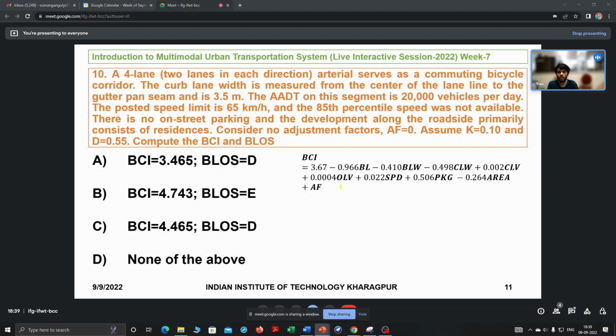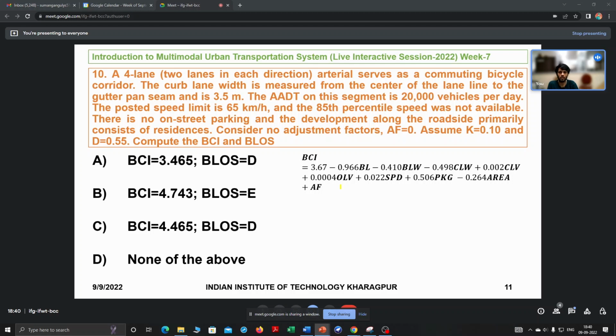Then the posted speed limit is given as 65, and your 85th percentile speed is not available. There is no on-street parking, and the development along the roadside primarily consists of residences.